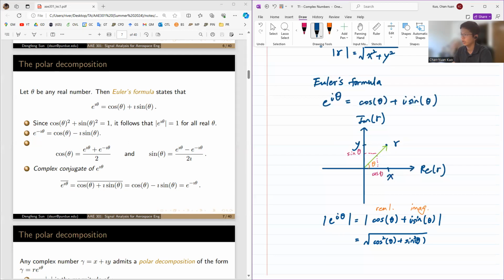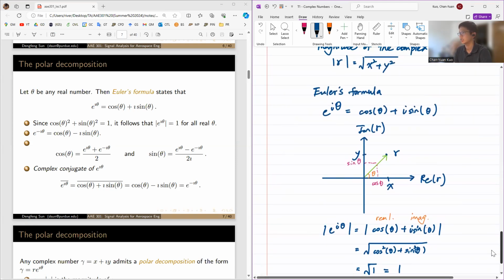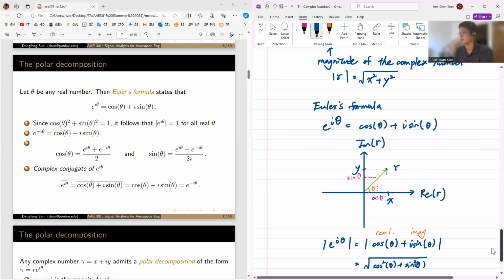And we all know that this summation equals 1. So here we have the square root of 1, and the square root of 1 is just 1. So now we see that the magnitude of e to the i theta is 1, and this says that it is a unit vector.